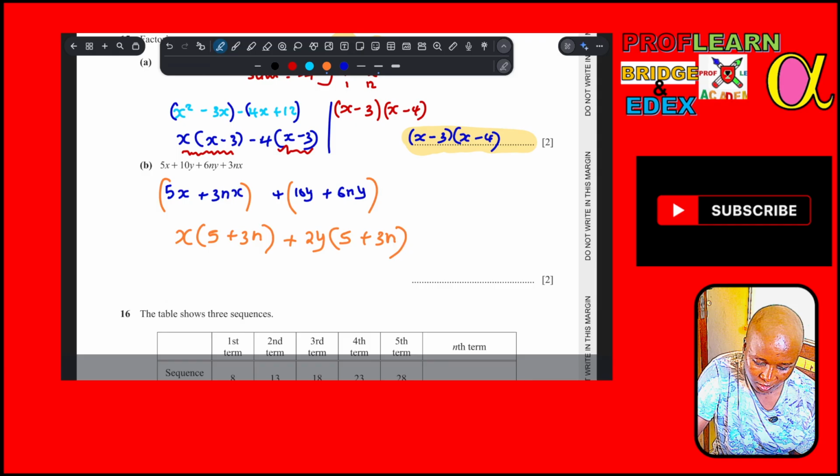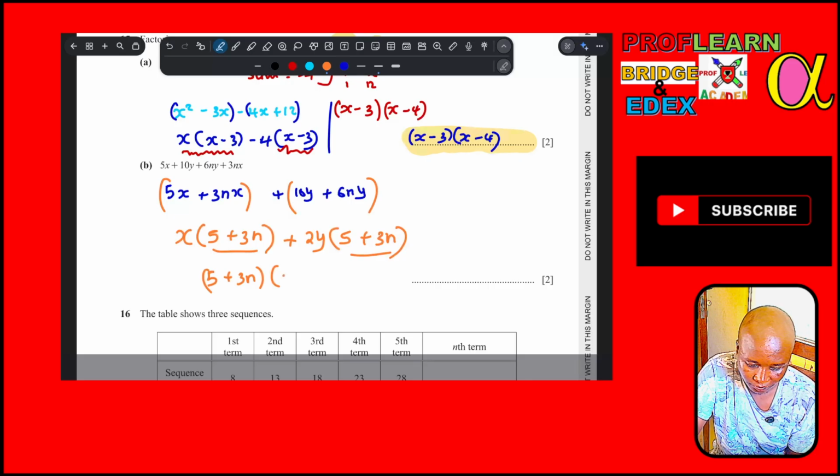Then you can see this and this are common, so we can factor them out. So we shall have (5 plus 3n) and this is (x plus 2y).